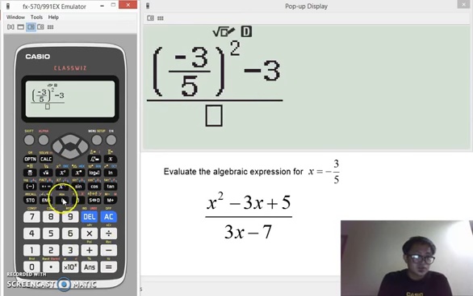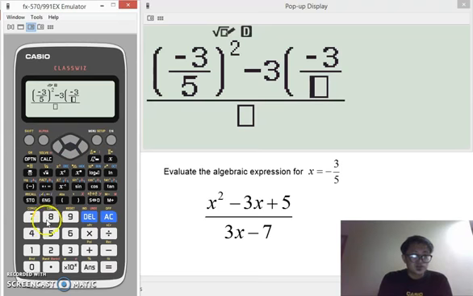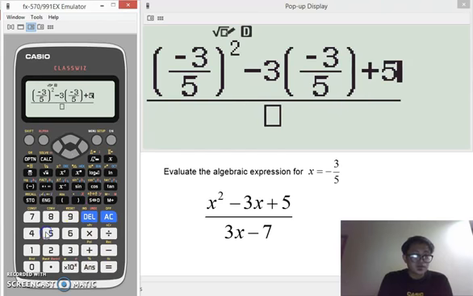Minus 3 times negative 3 over 5. Remember, for every x in the expression, we will substitute negative 3 over 5. Plus 5.